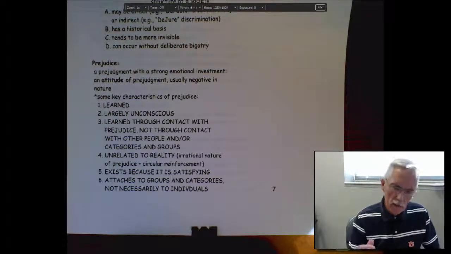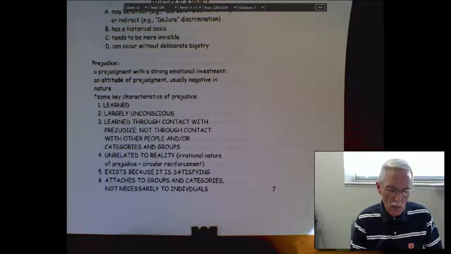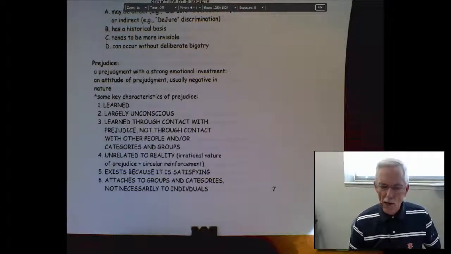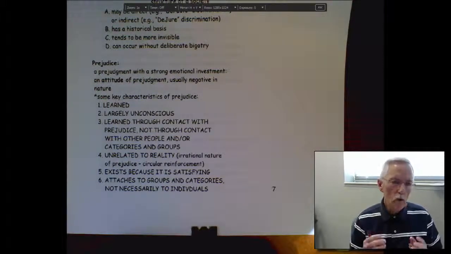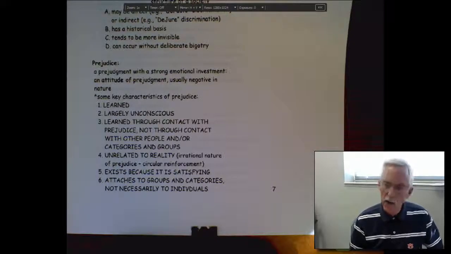Hartley's study that is mentioned in your text in chapter 9, it's a classic, illustrates that point graphically. He created 3 imaginary groups, and he included them in a list with other ethnic categories, racial categories, and nationalities.